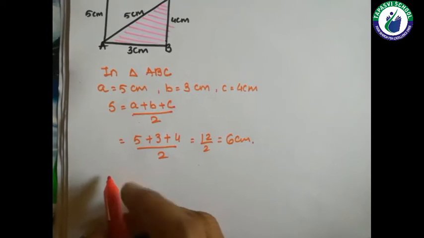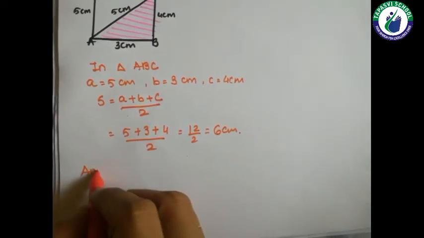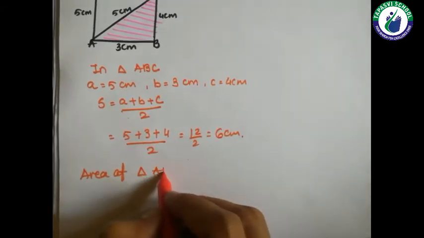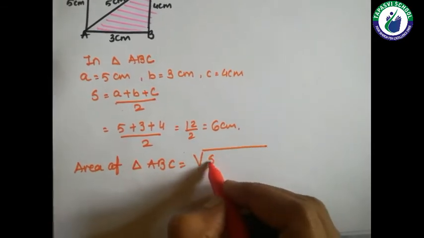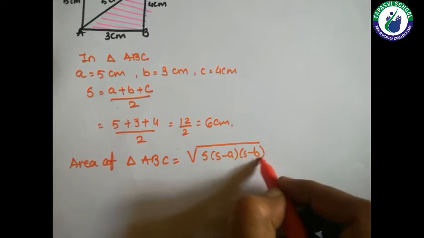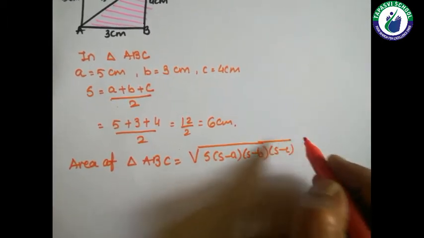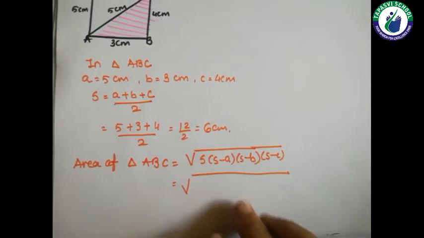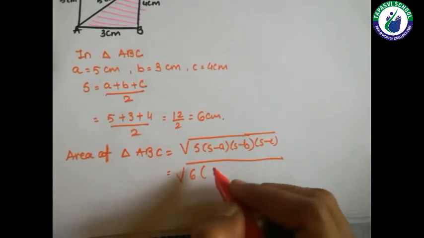Now apply Heron's formula to find its area. So area of triangle ABC is equal to the square root of S minus A, S minus B, S minus C. Now replace the values in place of S, A, B and C. Our S is 6.